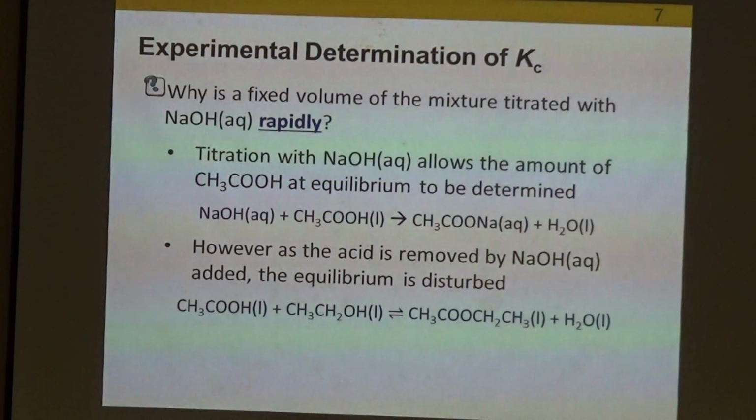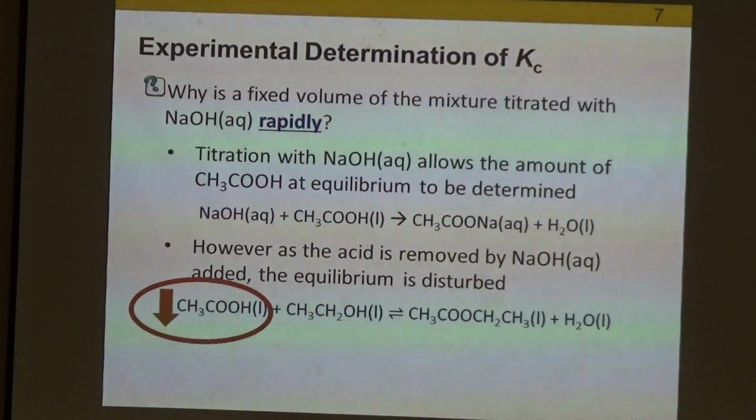The equilibrium is disturbed. The concentration of the ethanoic acid should decrease. The position of equilibrium should shift to the left. That means the ester, CH3COOCH2CH3, will start to react with the water, and then it will become ethanoic acid and ethanol.